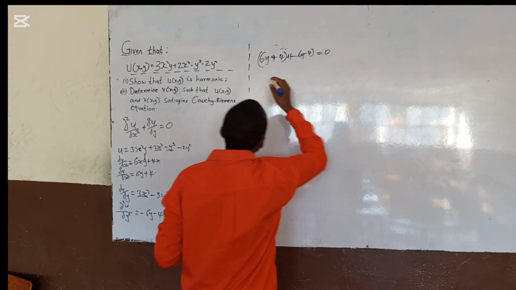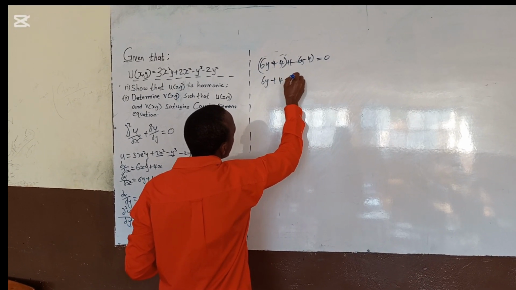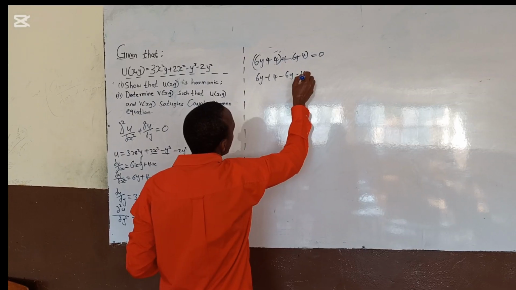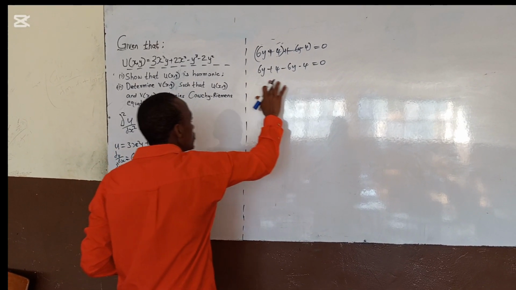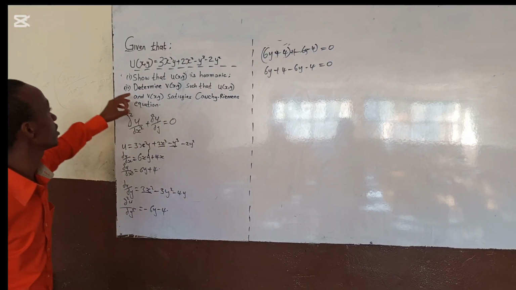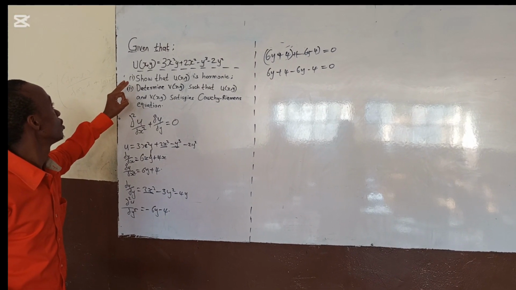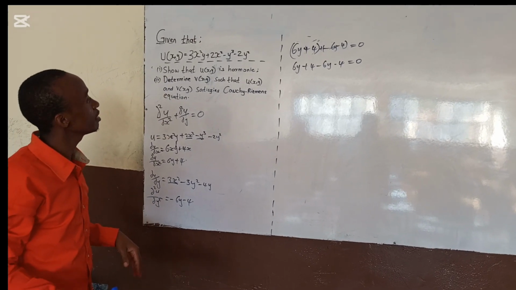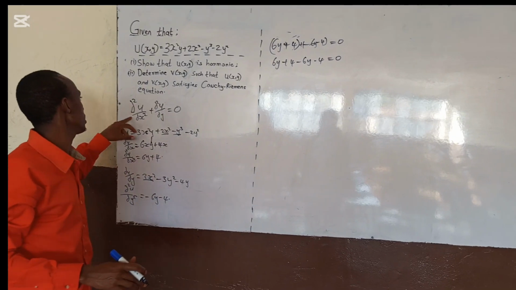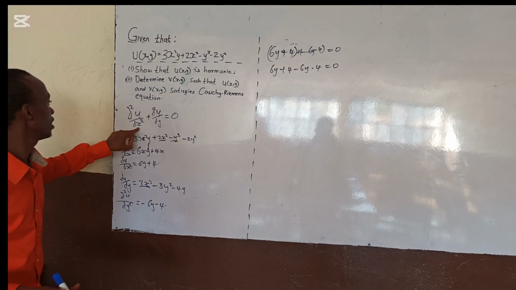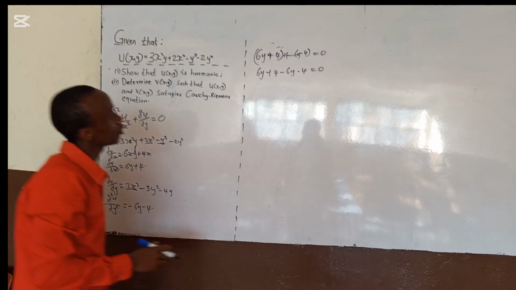This must give us 0. So we have 6y plus 4 minus 6y minus 4, which is equal to 0. So now we have shown that u(x, y) is harmonic, because its second derivative with respect to x plus its second derivative with respect to y gives us 0.